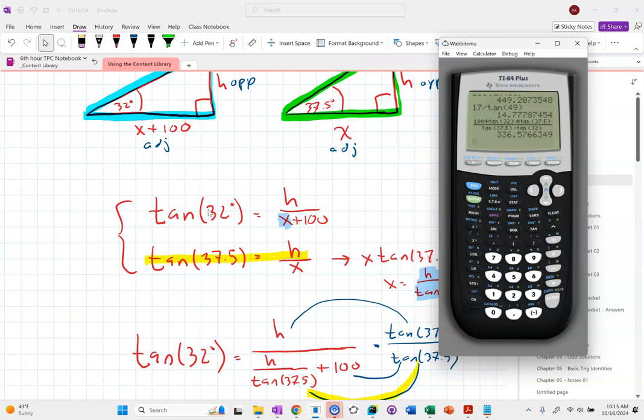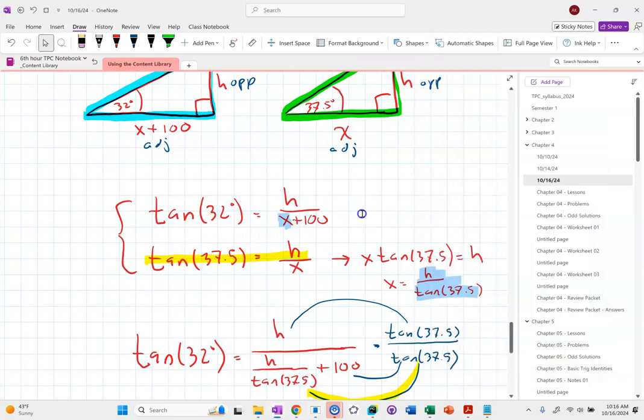Do you remember graphing as an option? It was. Now, the catch here would be to use graphing, we'd have to have either the h for both of them or the x for both of them isolated.